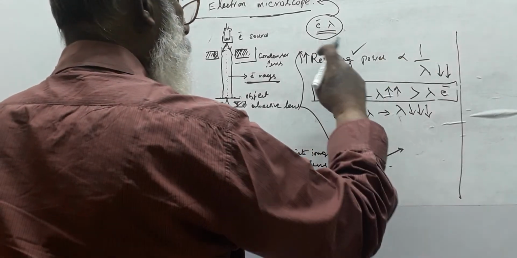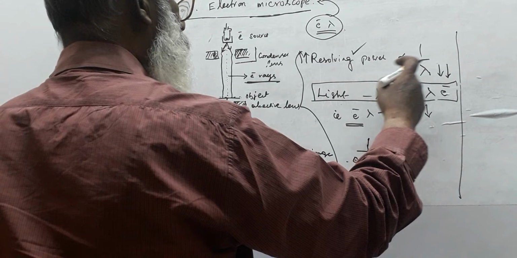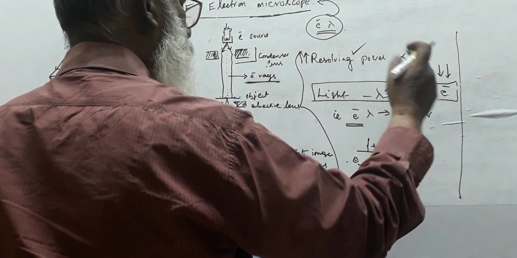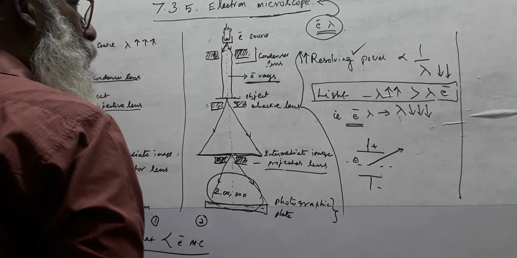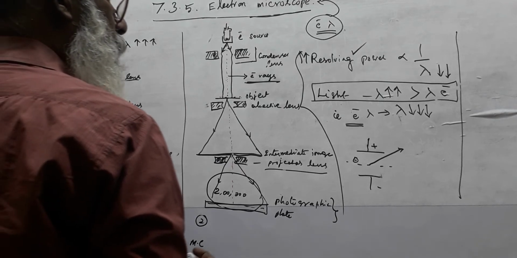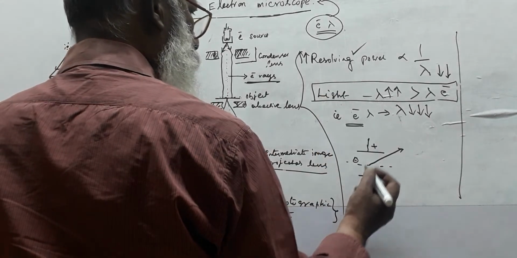Magnification or resolving power is inversely proportional to lambda, or proportional to 1 by lambda. That's a very important principle.